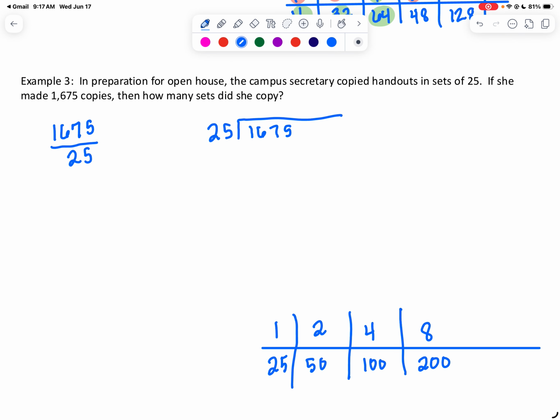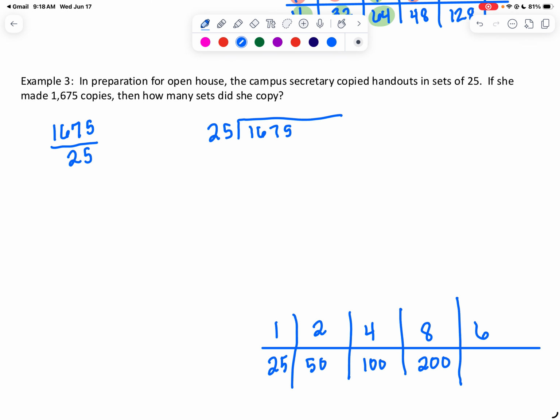All right, so we know 25 will not go into 1, 25 will not go into 16, but 25 will go into 167, and it'll go in somewhere between 4 and 8 times. So I'm going to try 6, because 6 is halfway between 4 and 8.